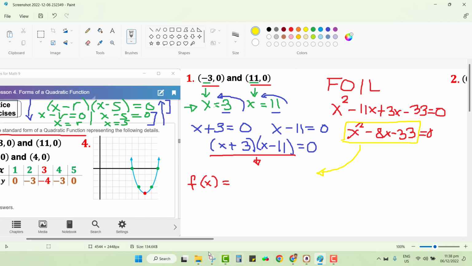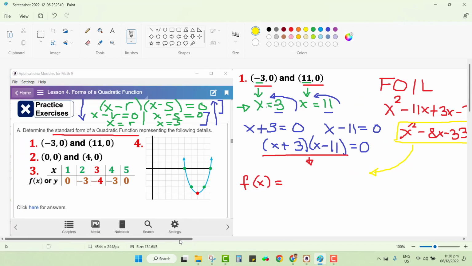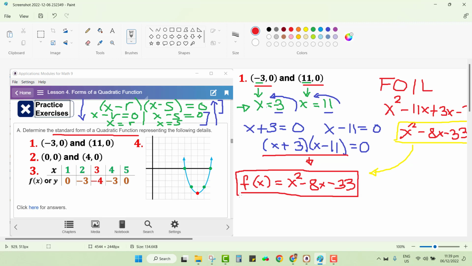In short, a representative function with x-intercepts (negative 3, 0) and (11, 0), or specifically a representative quadratic function in standard form, is given as x squared minus 8x minus 33.